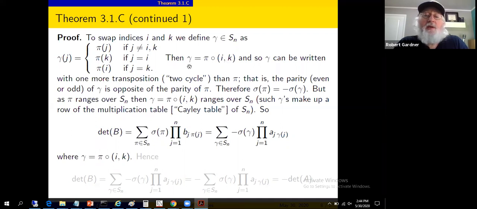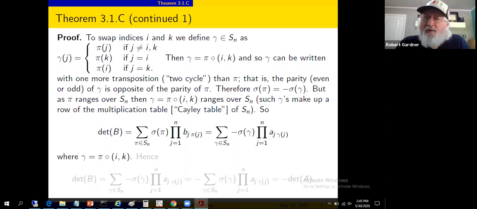You add this one in, you get gamma represented as a product of an odd number of transpositions. The parities of the gammas and the pi's are opposite. That is, sigma of pi equals negative sigma of gamma. So if pi is even, we get out a positive 1 on this side, and gamma is odd, so this sigma of gamma would be -1. We introduce another negative to get the equality. Since these differ in parity, their sigma values differ by a negative sign. One of them's even and the other one's odd. I don't know which is which, but I know one's even and the other one's odd, and that gives this negative relationship on the sigmas.